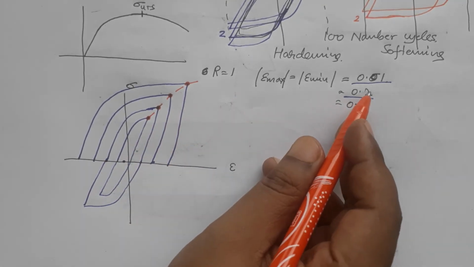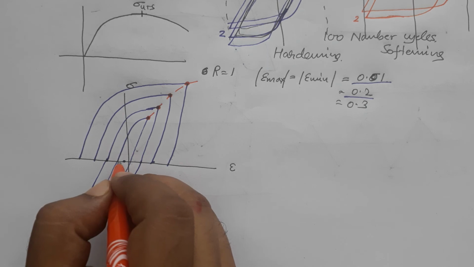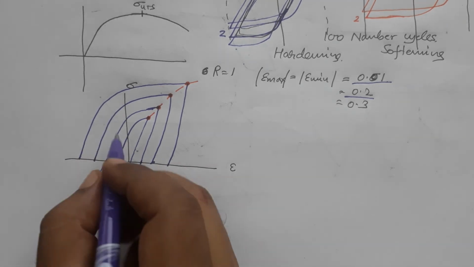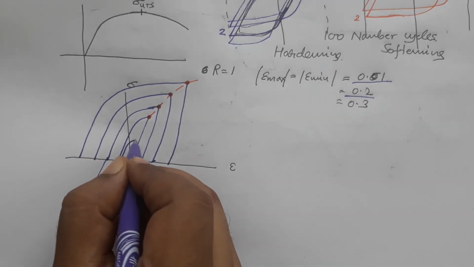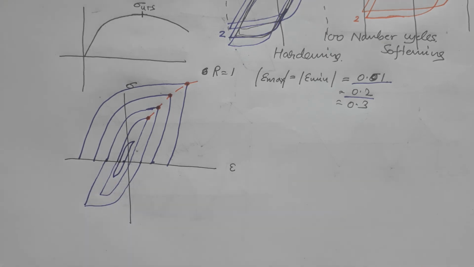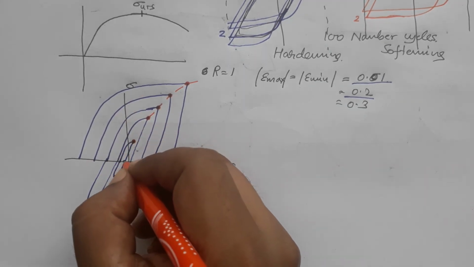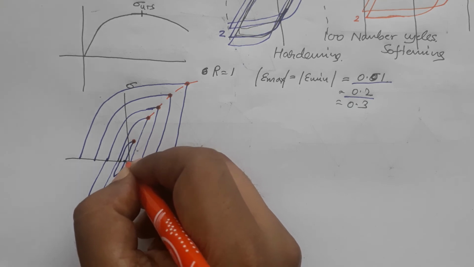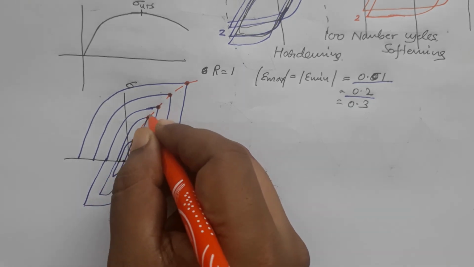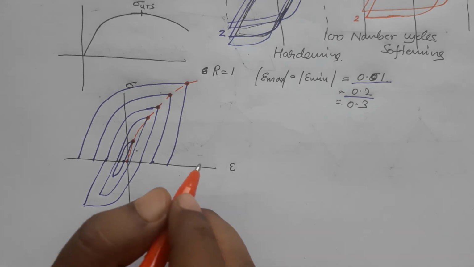Of course you can decrease the value of strain and have smaller and smaller loops, and you can join those to make the initial part. So it starts from the center, and so this will be your cyclic stress strain curve.